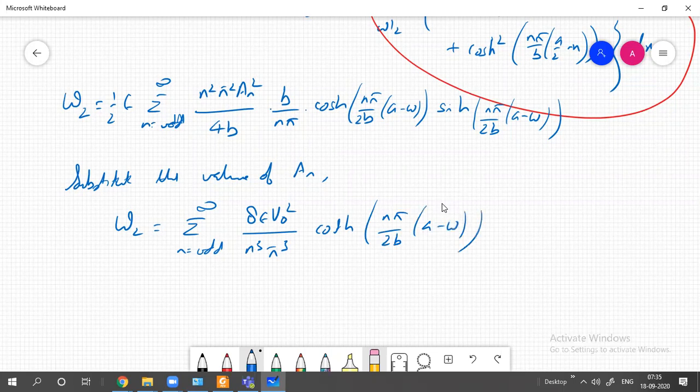So this will be the energy stored in region 2.